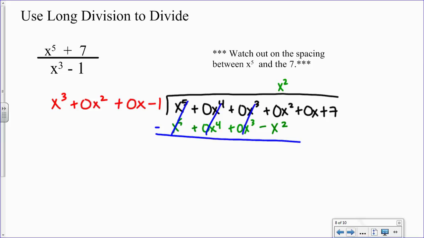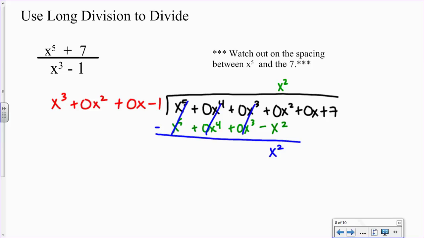So zeros. 0 minus x squared is negative x squared. How many terms does this divisor have? Positive x squared. Whew. Thank you. Okay. I think we're trying to hurry. All right.